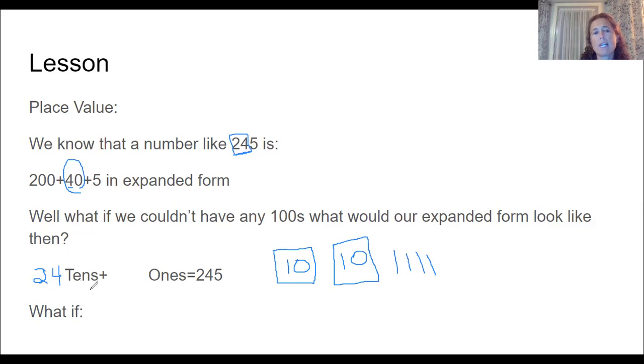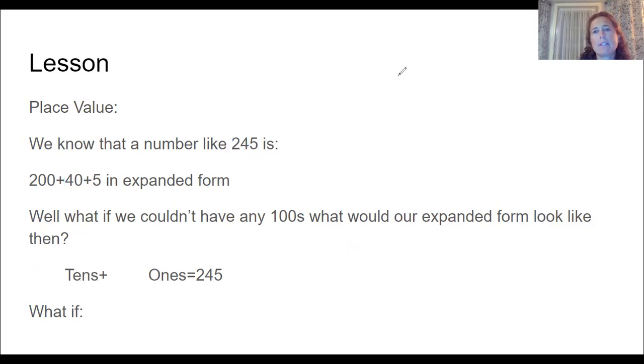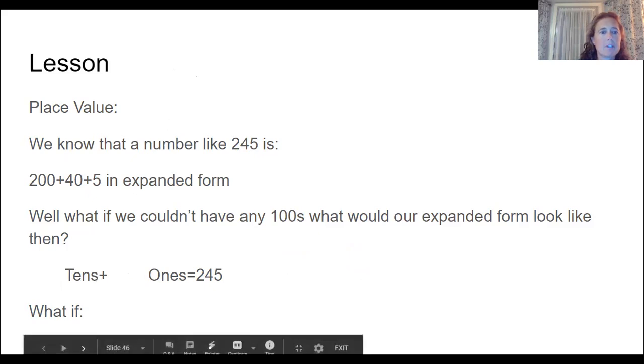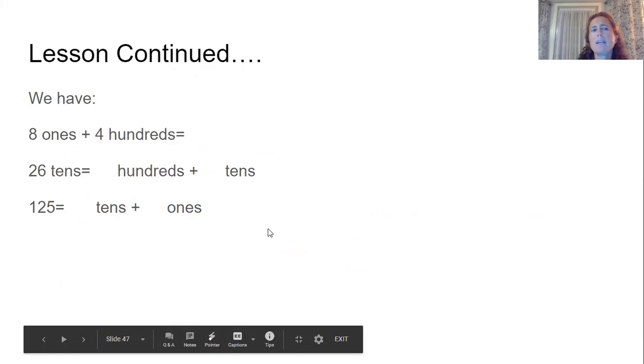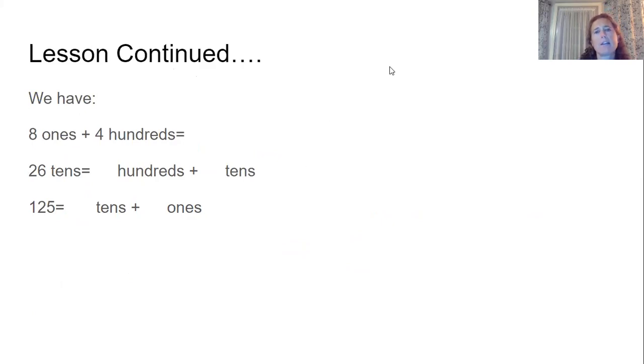But if we do 24 tens, that number is 240. We still need our ones, which haven't changed, and that's 5. So 24 tens plus 5 ones is 245. All right, now let's clear this drawing. Get my mouse back and I will.